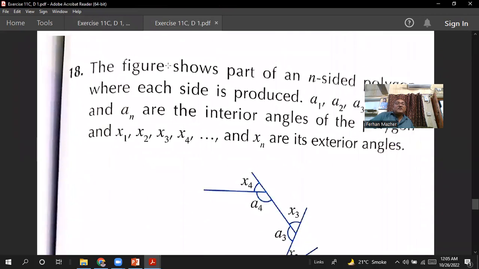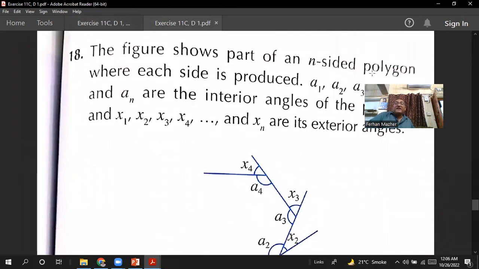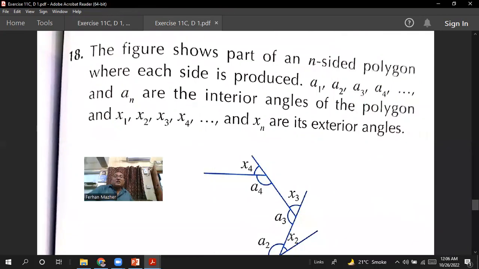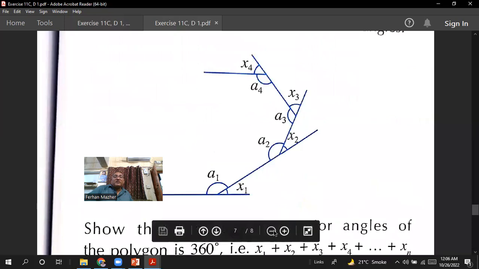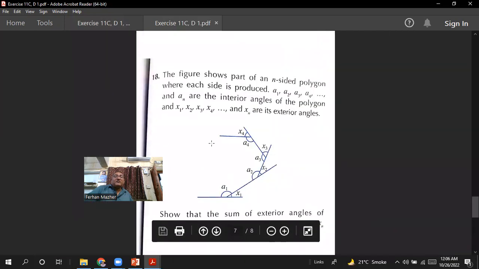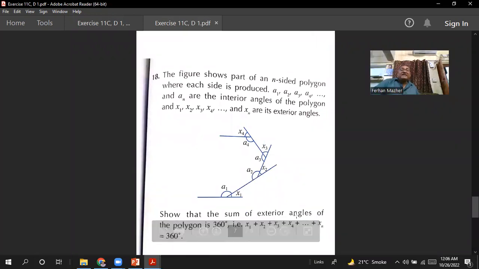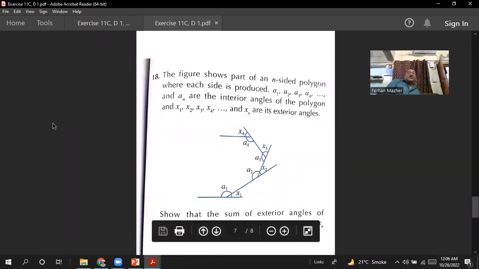Okay. So question number 18 is coming up on your screen. Let me reduce the size so now you can see the whole question.